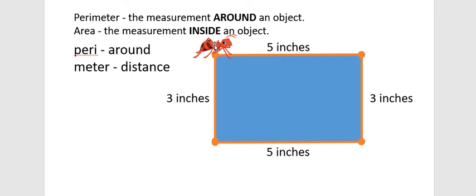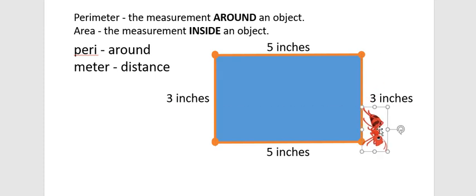This ant is first going to be walking 5 inches from here to here. Let's keep that 5 inches in the back of our mind. And then that ant is going to make a turn and go 3 inches down this way.